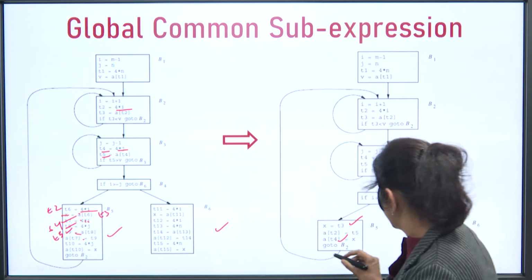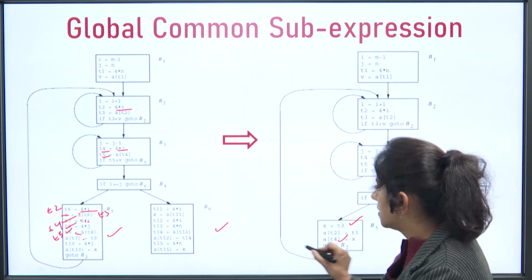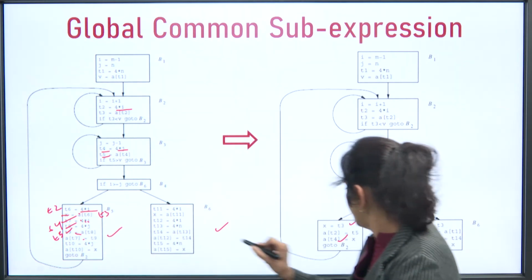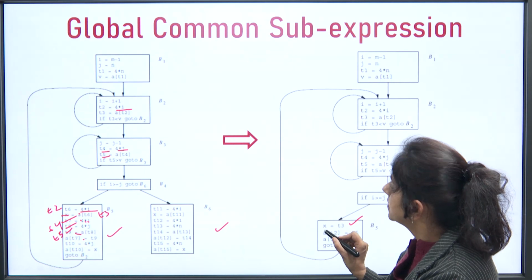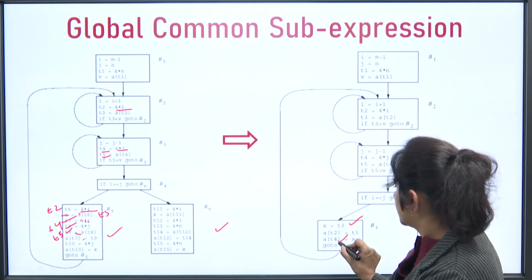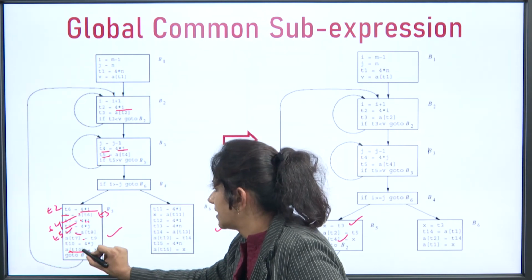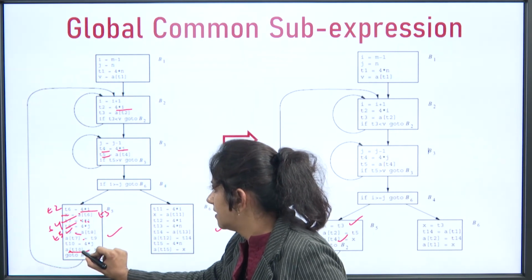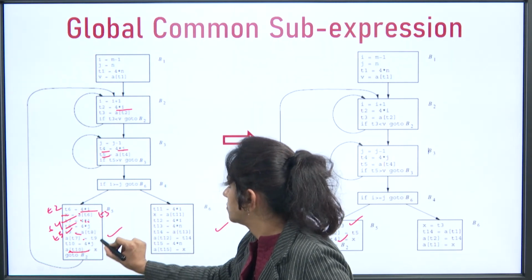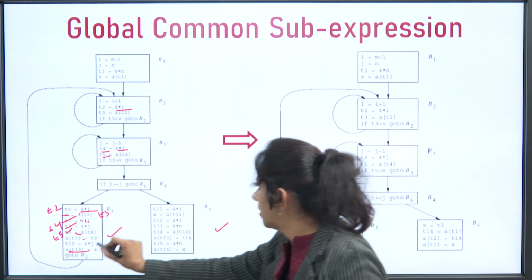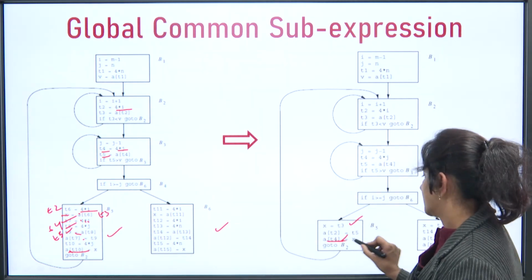Let me check here, A at T2 is equal to T5, and x is equal to T3, and we can just copy this one. A at T10, what is T10 here? T10 is this one, 4 into j, and 4 into j is T4. So A at T4 is equal to x, yes, right.